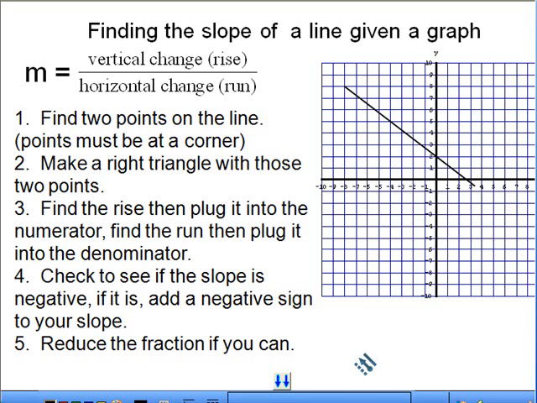Now, to find the slope of the line when it's graphed, you have to find 2 points on the line that meet at a corner of a graph. It's important that it meets at a corner because then we know the precise coordinates of the point. For example, this point right here, we know it's at -4 and 5. This point right here, we know the coordinates are -8 and 8.